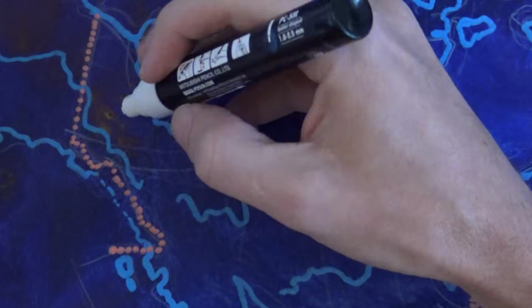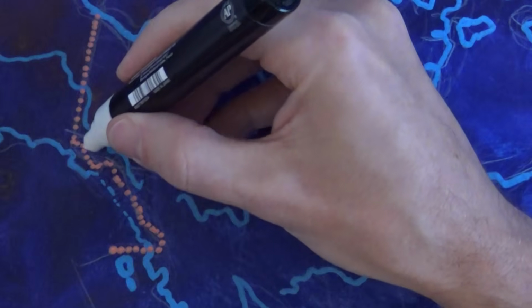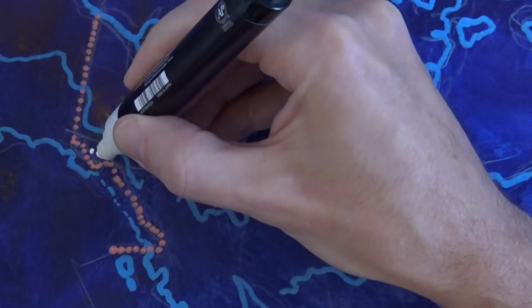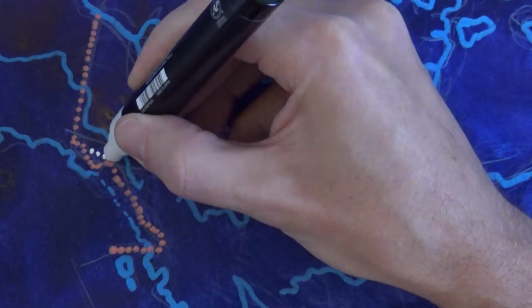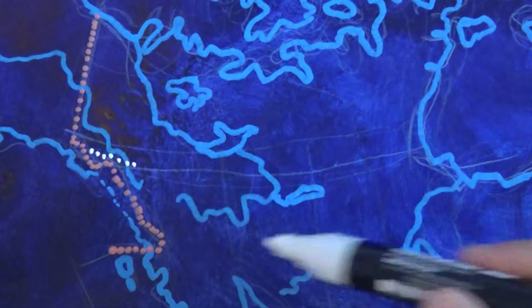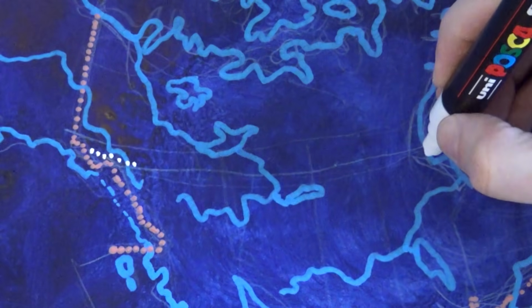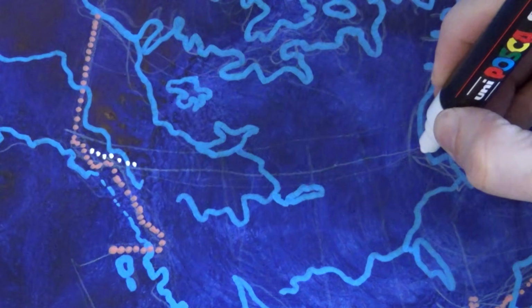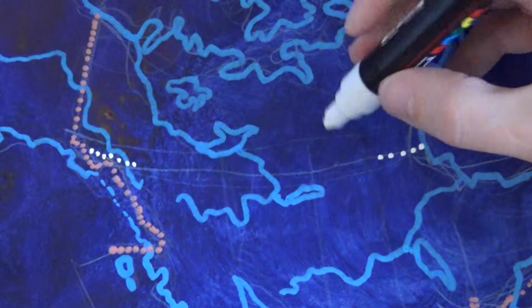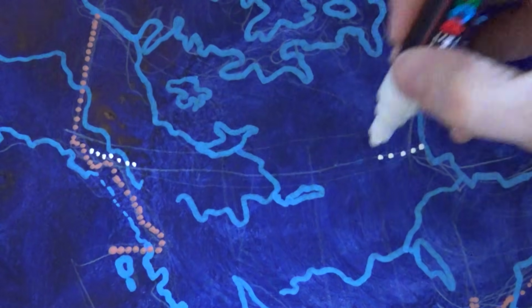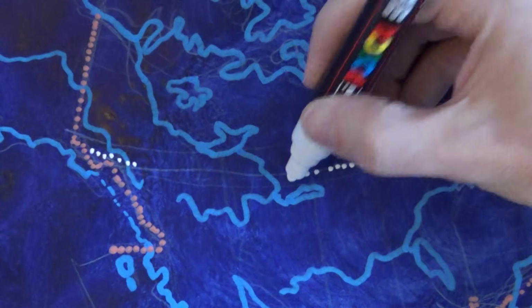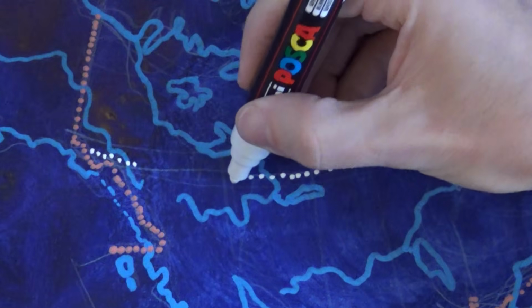So we have a border between the three territories to the very north, and the provinces to the west, southwest of Canada, also following a parallel here.